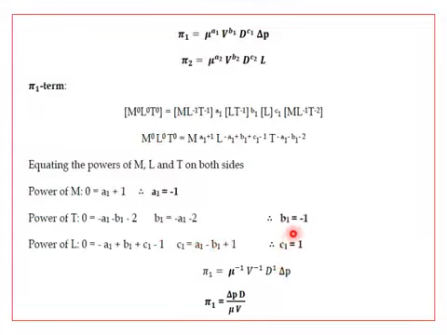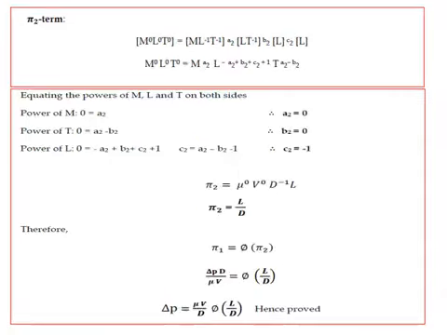So you can substitute a1, b1, c1 in this equation. So it is mu to the power of minus 1, v to the power of minus 1, and d to the power of 1. So we get delta p d by mu v. This is the equation for the pi 1 term.